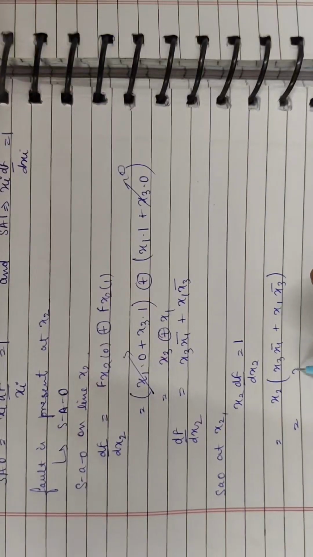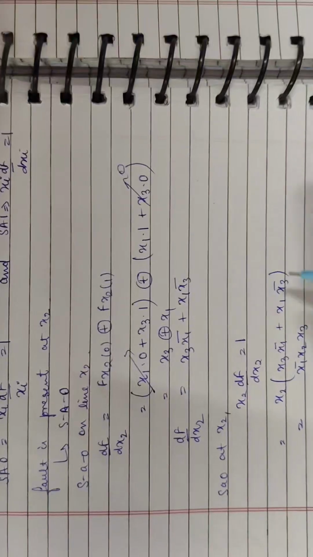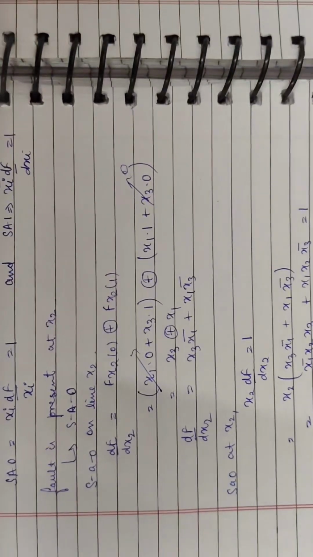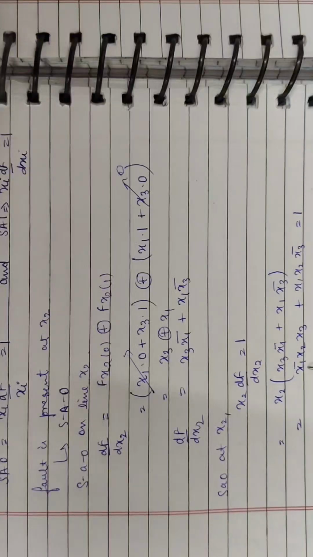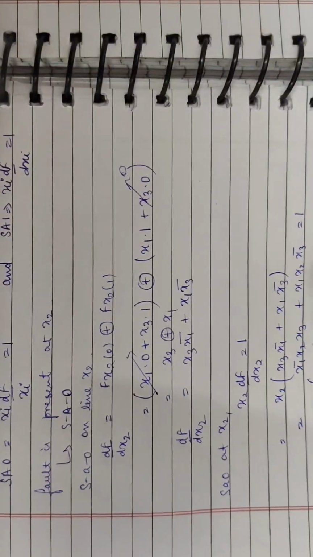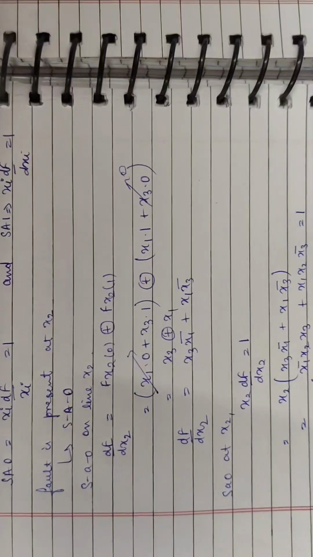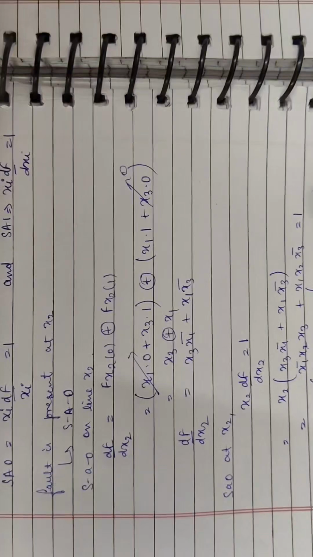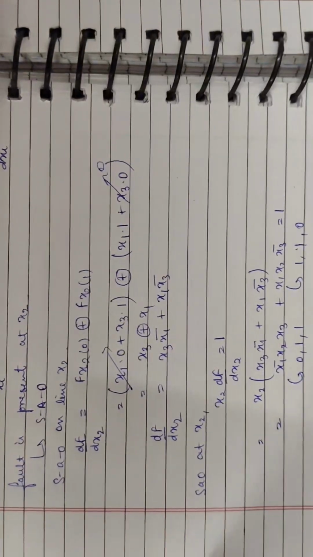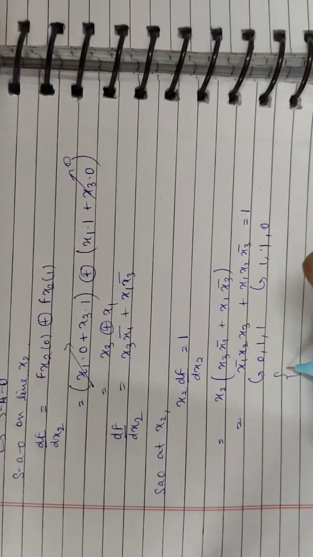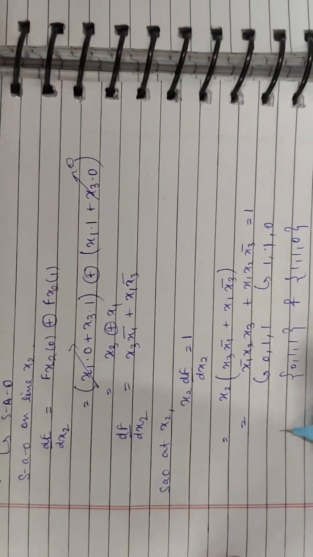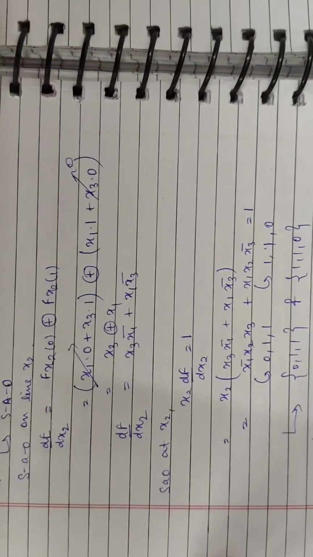This can be represented as x1 bar x2 x3 plus x1 x2 x3 bar equal to 1. For this equation to be 1, x1 will be 0, x2 will be 1, x3 has to be 1, and for this, x1 has to be 1, x2 has to be 1, and x3 should be 0. So these vectors are 011 and 110. These are the test vectors for the stuck at 0 fault at x2.